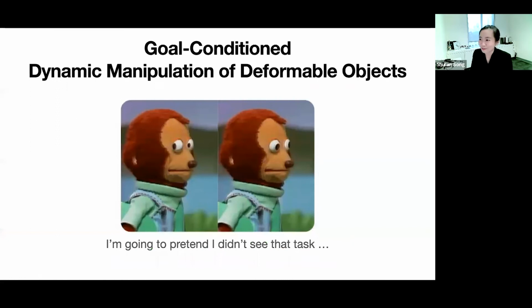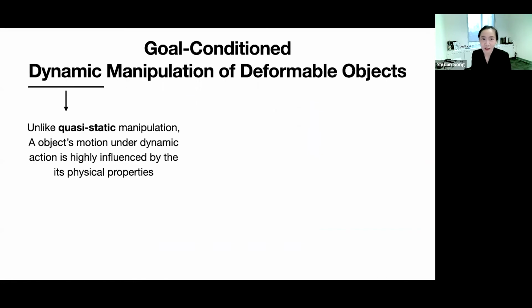In fact, there is a good reason why we tried to avoid this kind of goal-conditioned task in the first two projects: it is simply too hard, so we kind of looked away from it. Specifically, why is it hard? First, unlike quasi-static manipulation, an object's motion under dynamic action is highly influenced by its physical properties.